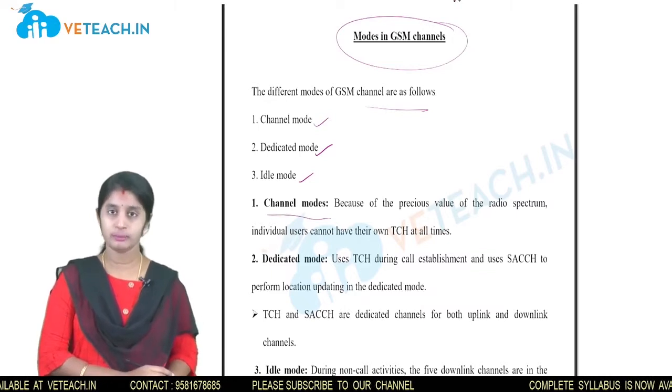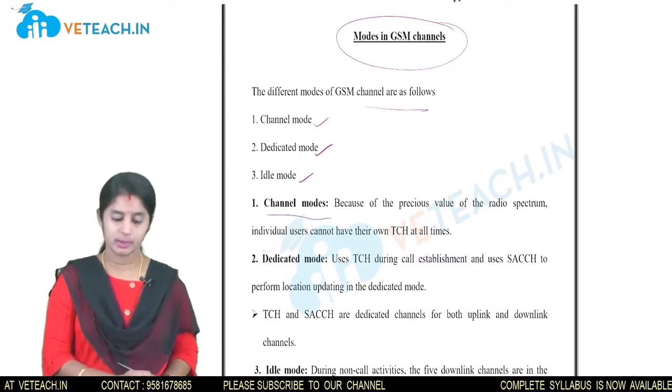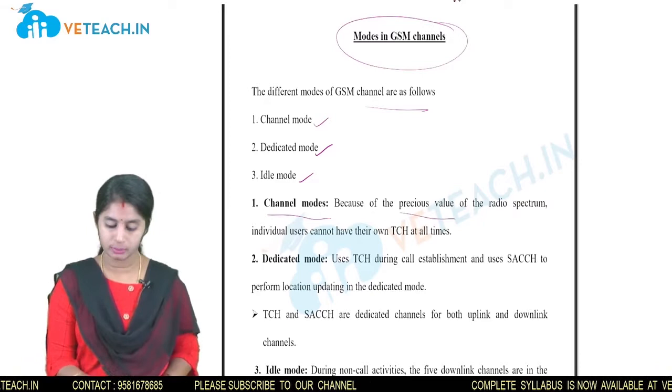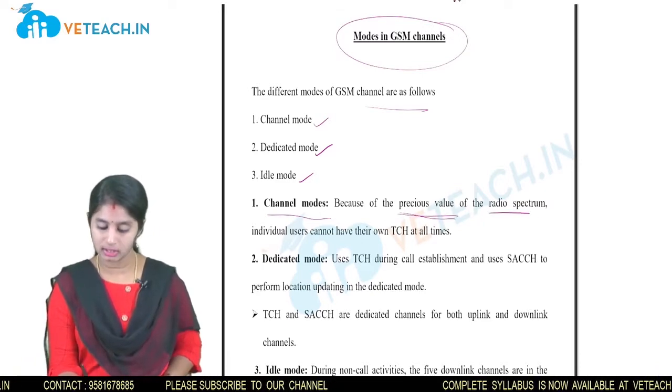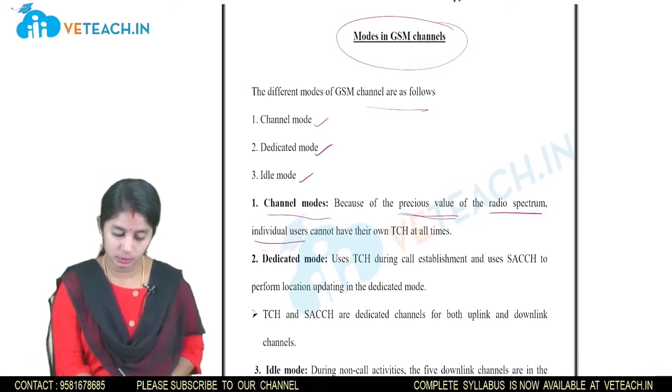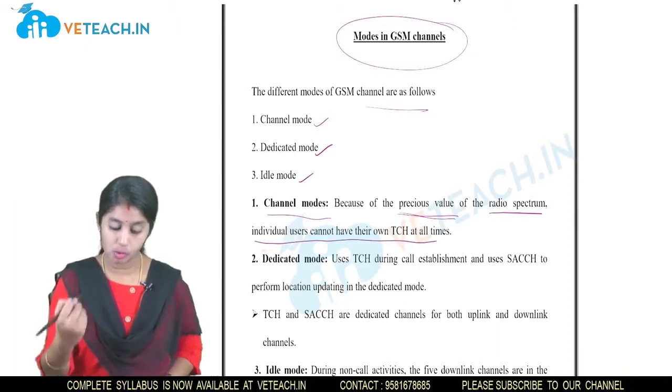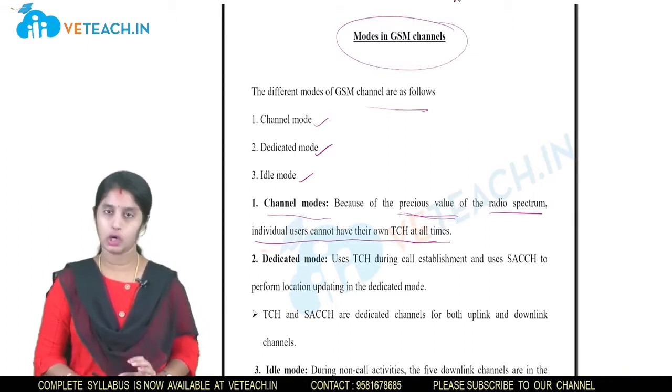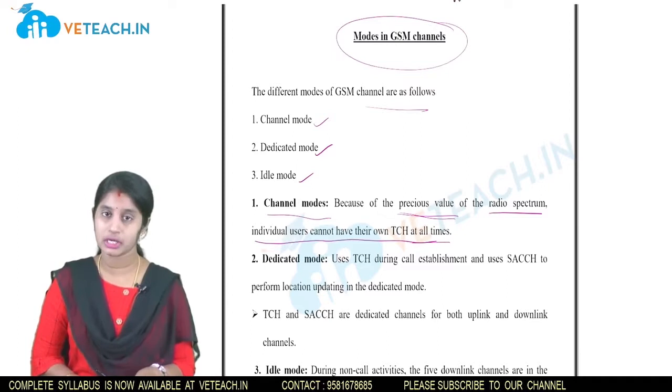The channel mode is mainly used because of the precious value of the radio spectrum. Individual users cannot have their own transmission channels at all times. So what is the main purpose of this channel mode?